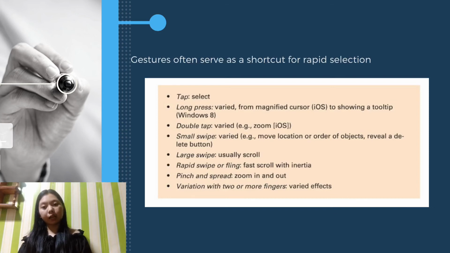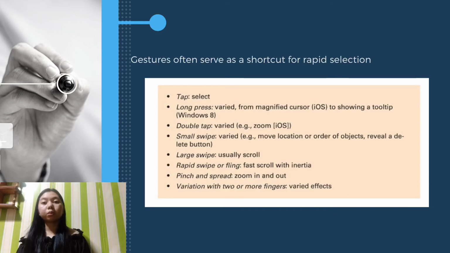Tap, select. Long press, varied: from magnified cursor on iOS to showing a tooltip on Windows 8. Double tap, varied. Example, zoom in on iOS. Small swipe, varied.